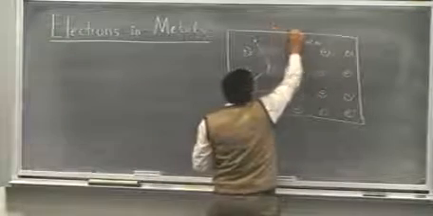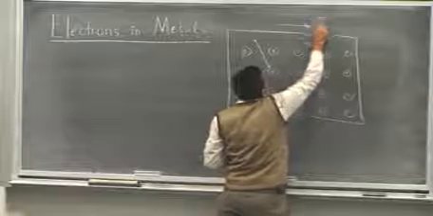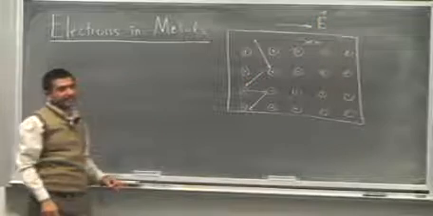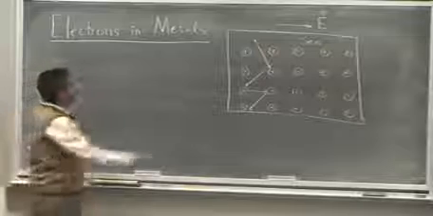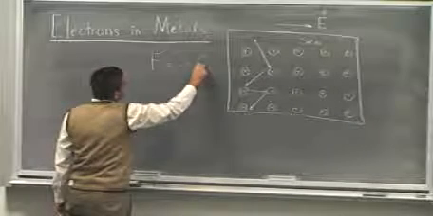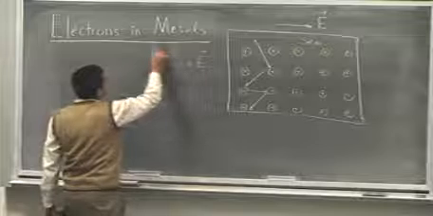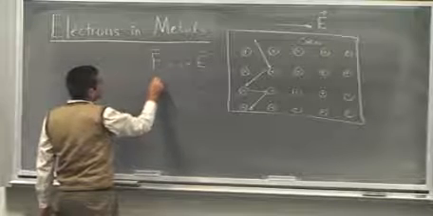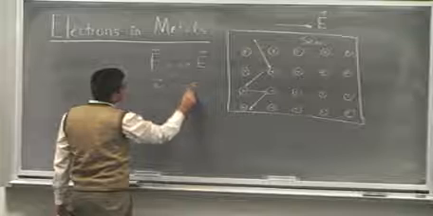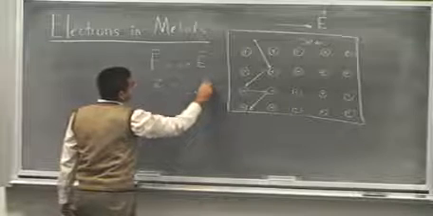You apply an electric field, and the electrons, being charged particles, experience a force. The force is given by minus capital E times e, and the electrons accelerate, and their acceleration is simply given by minus eE over m_e.